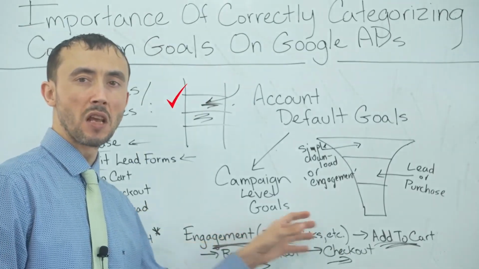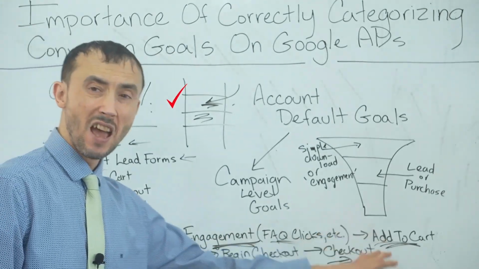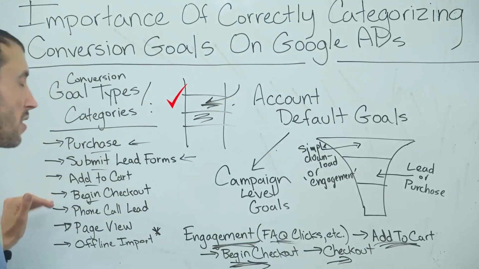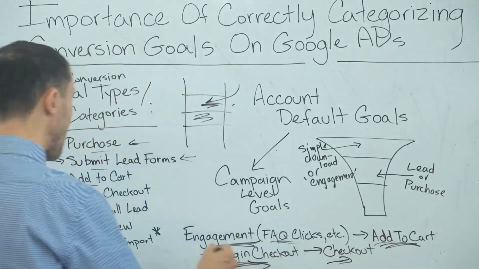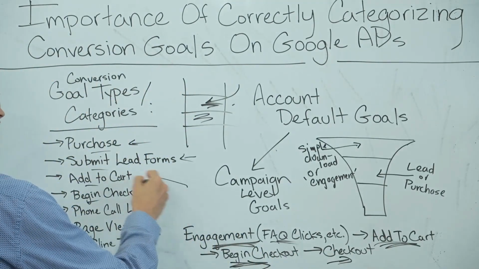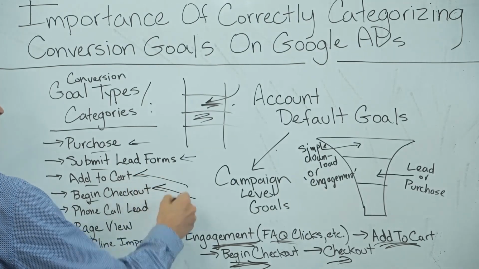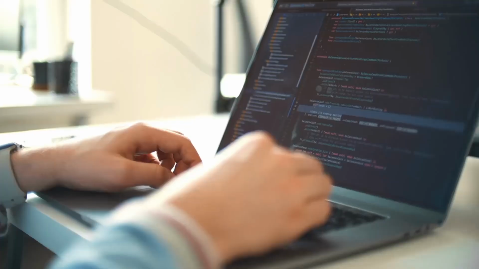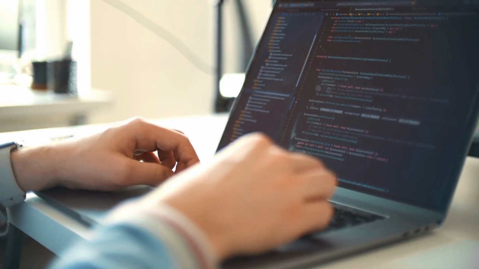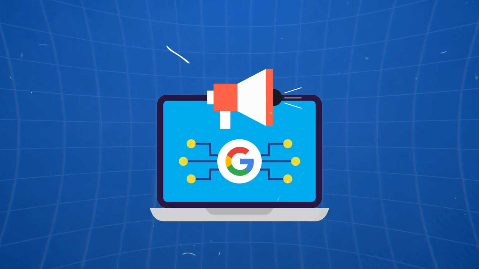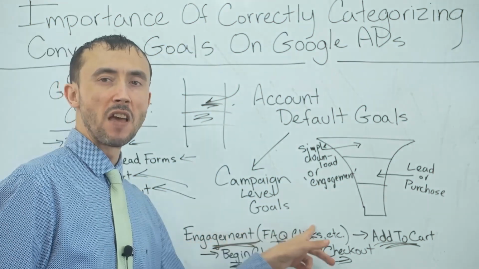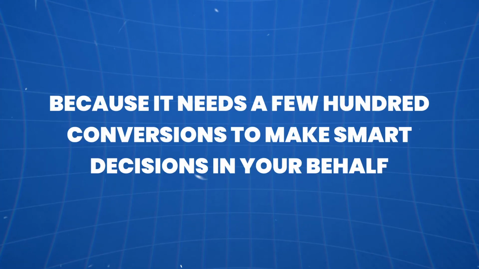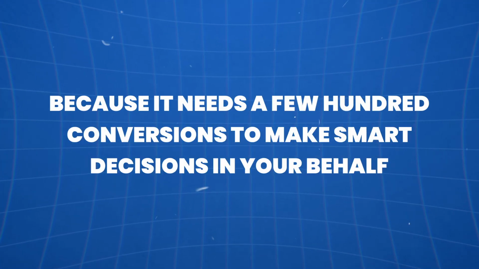What happens when you set up the conversion tracking for all this and you go ahead and categorize the goals appropriately, because on the add to cart and the begin checkout, you can categorize that in the add to cart category, begin checkout category. What the system's going to do, because of how the programmers have programmed the ad management system that runs and powers all the ads on Google, whether that be display ads, YouTube ads, search ads, whatever, it's going to optimize for the FAQ button clicks first, because it needs a few hundred conversions to really make smart decisions on your behalf.